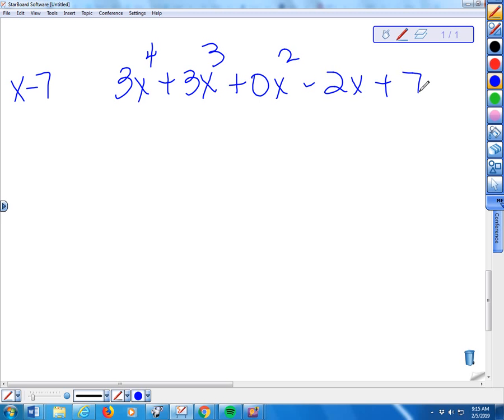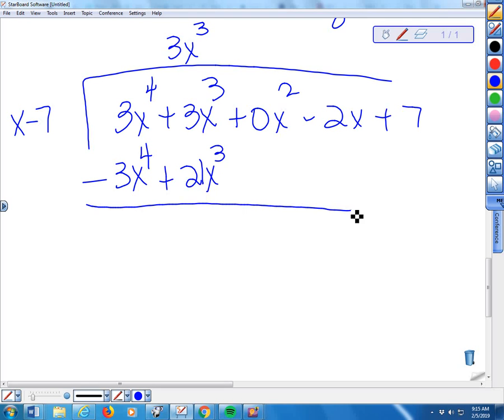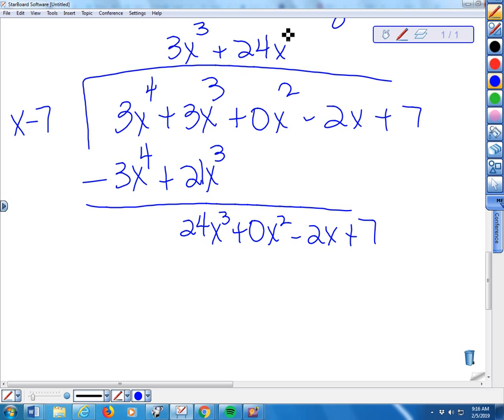Okay, do you want to go through this one for one more practice, and then we'll go through the technique? Okay, x times what is 3x to the 4th? Multiply, minus 21x cubed, right? Flip my sign. Okay, x goes into 24x cubed. 24, what's that?